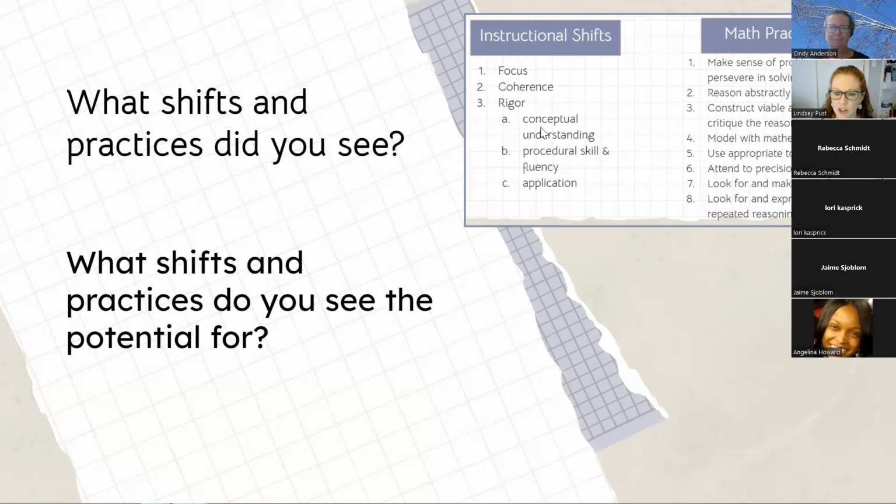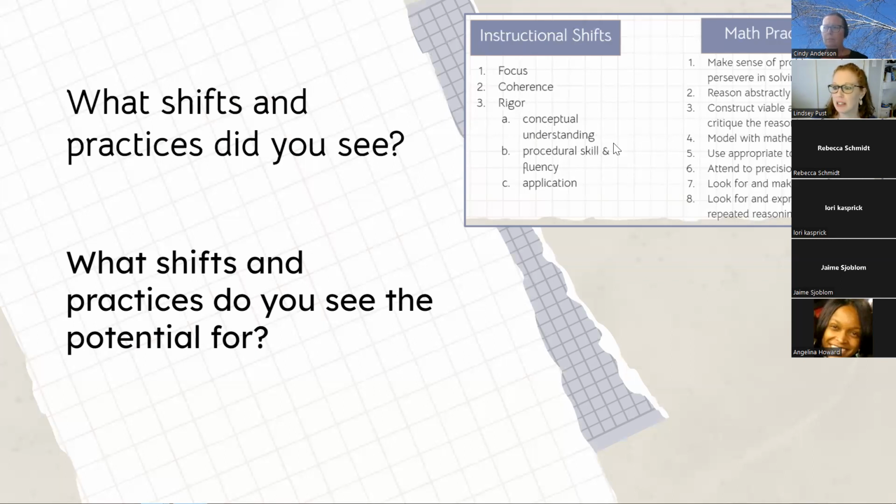I think it has the potential to really highlight conceptual understanding, or if people have misconceptions, to do something like that. So rigor could be addressed there.